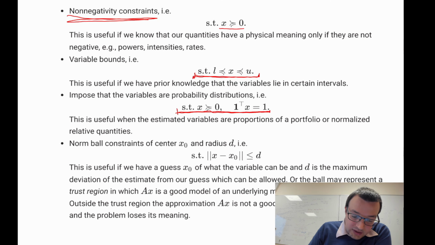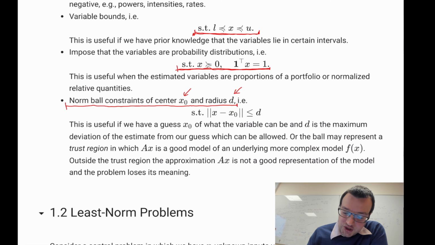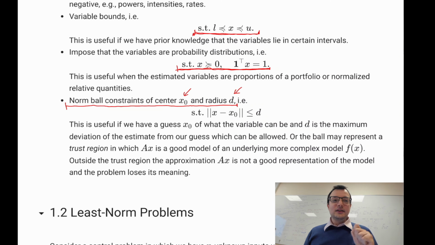Another common constraint that appears in these problems is the norm ball constraint with center x0 and radius d. What is the idea here? The idea is that we have a good guess of what x should be. And we say, I think that x should be this value x0. Of course, I'm not sure about that.